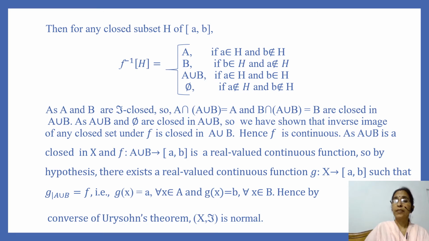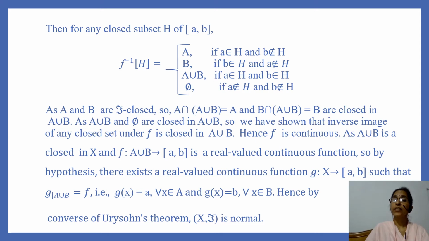So if we take inverse image of any set which contains a, then that will be equal to A. Similarly, if b belongs to H but a doesn't belong to H, then inverse image of H under f is B. And if a and b both belong to H, then the inverse image of H will be equal to A union B. And if a doesn't belong to H and b doesn't belong to H, then inverse image is phi.